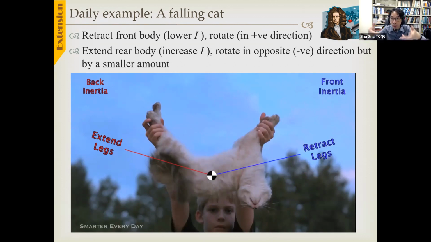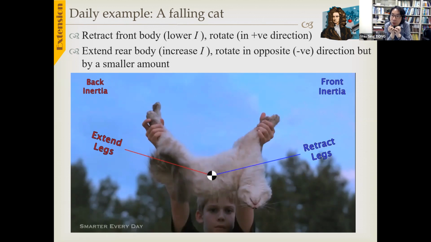It can rotate its body in the sky. So how does the cat manage to do that? It has a trick, and the trick relies on the moment of inertia, and it also relies on the conservation of angular momentum. Now the cat does not rotate the whole body at once, but at first it will retract its front body. So imagine I'm the cat.